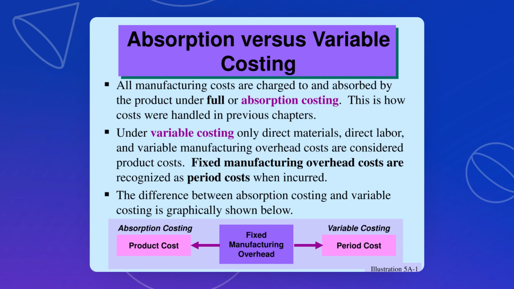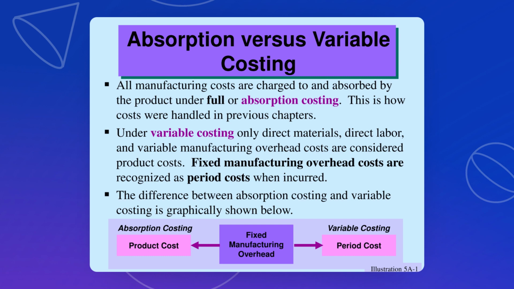Why? Again, the fixed manufacturing overhead in absorption costing is part of your product cost. While in variable costing, the fixed manufacturing overhead is part of your period cost.